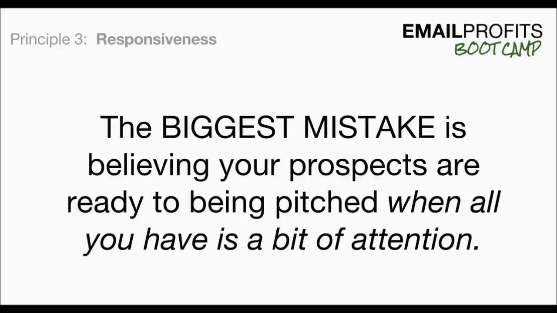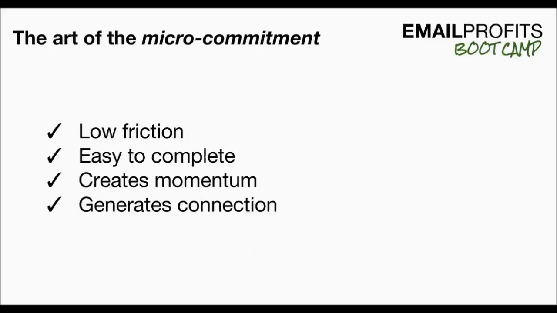Okay, if you have a competitor that's going after your prospect, if you treat them in this specific way, they're not going to be a competitor anymore. They're going to be a nuisance and an annoyance to your prospect. Okay, so this is where the art of the micro commitment comes into play.